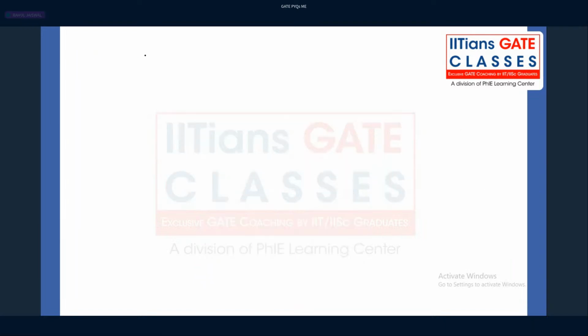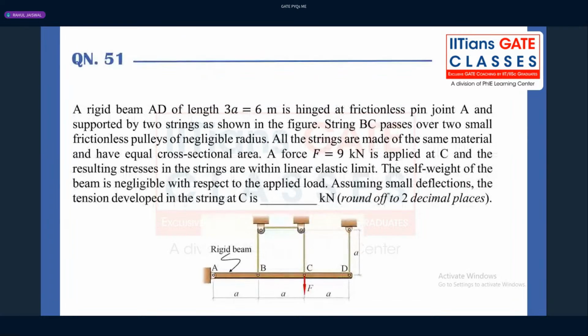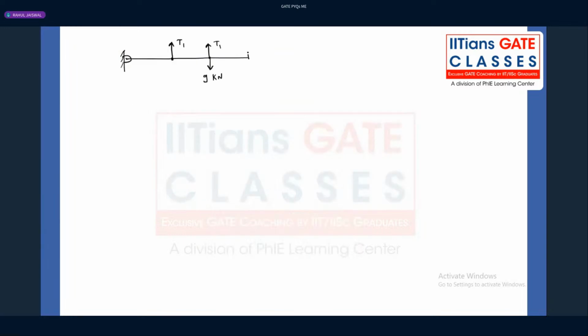Now, if I draw the rough free body diagram here, we have the string, it's T1, for example. Again, it's T1. There is a load of 9 kilonewton, and again there is a string.